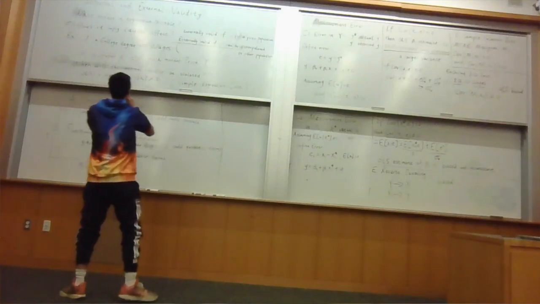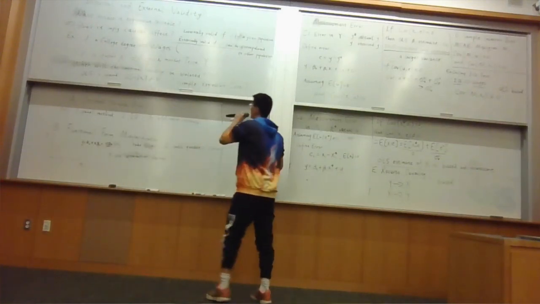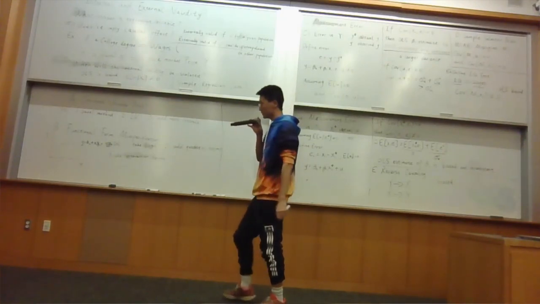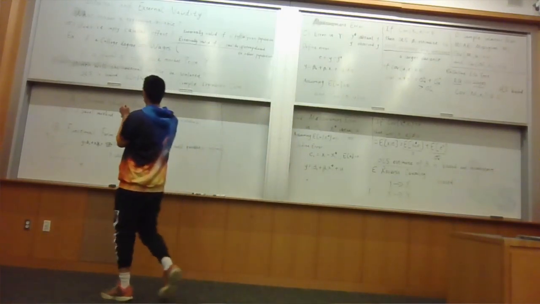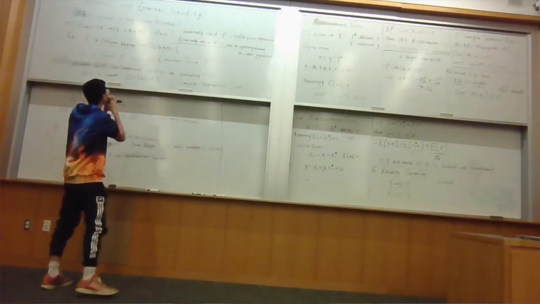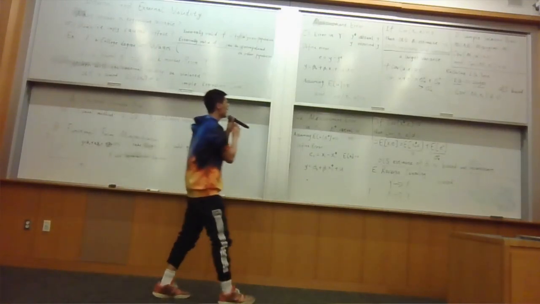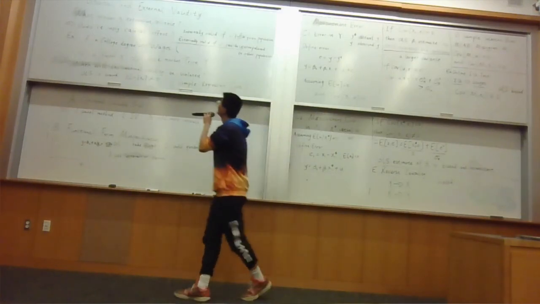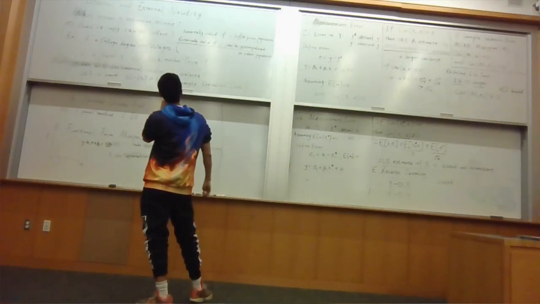Okay, so we should answer a question like, what makes a regression reliable? This is asking you, does it imply a causal effect? Essentially, your beta 1, can it imply a causal effect?